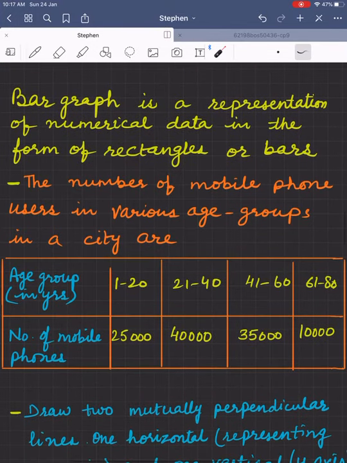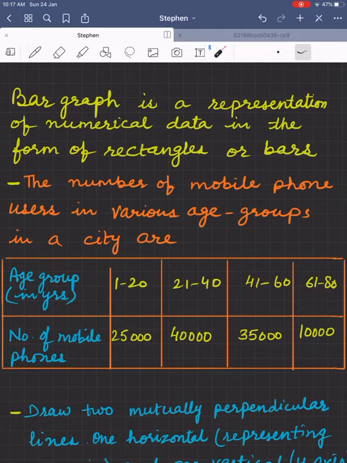So children, bar graph is a pictorial representation of numerical data in the form of rectangles or bars. Let's draw a bar graph for the following information. The number of mobile phone users in various age groups in a city are given below.